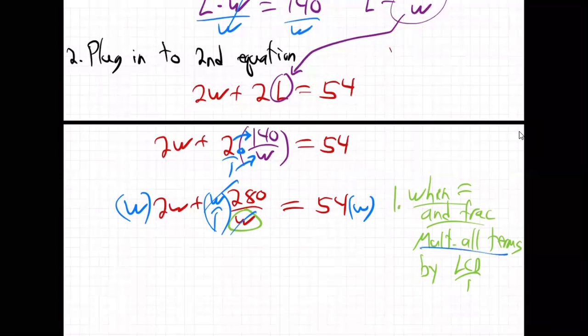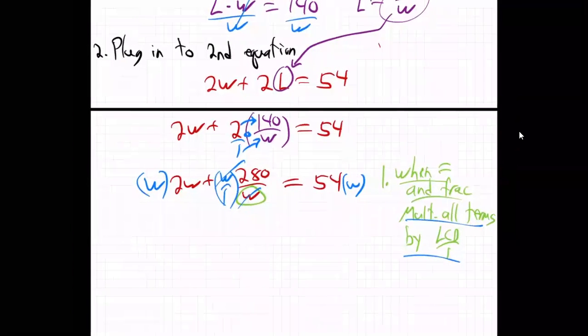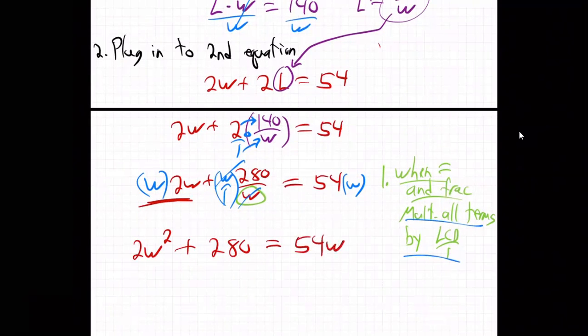That's what we always do when we have an equal sign with fractions: we multiply through by the LCD over 1. And so what becomes of it? Well, W times 2W is 2W squared, plus 280, equals 54W. We good there?